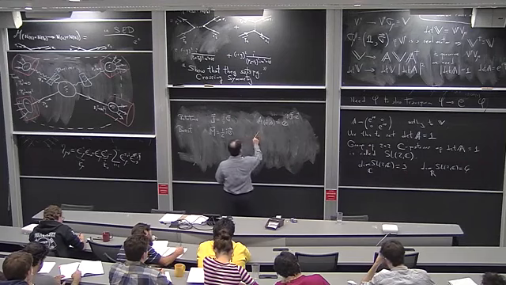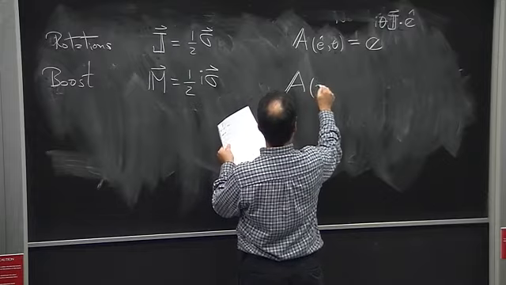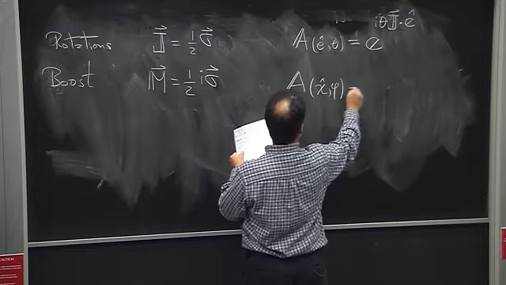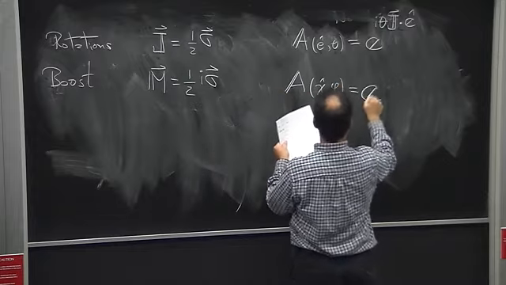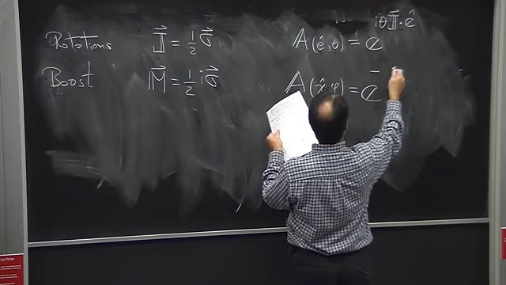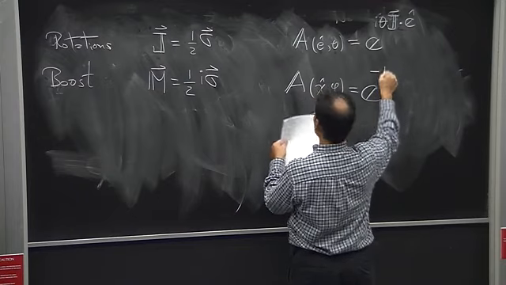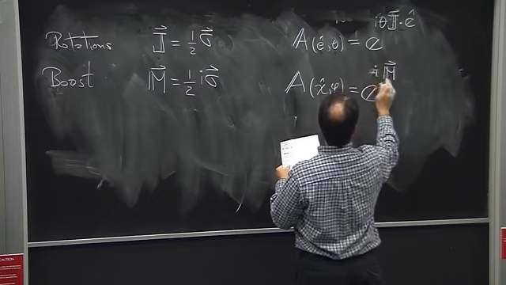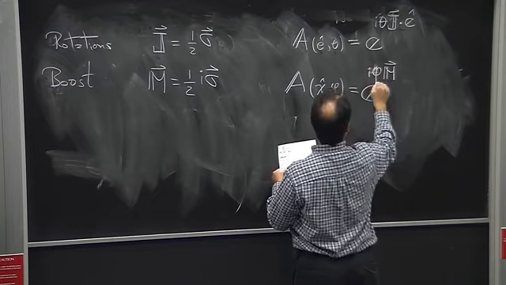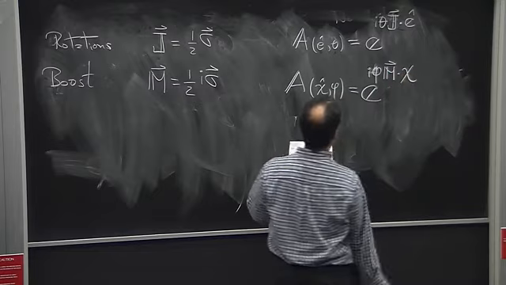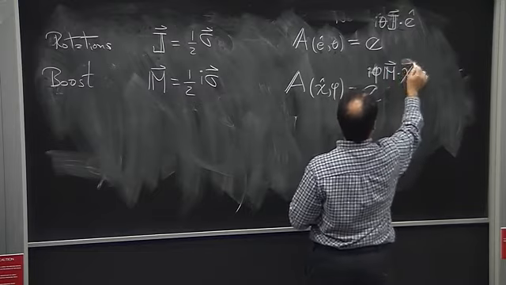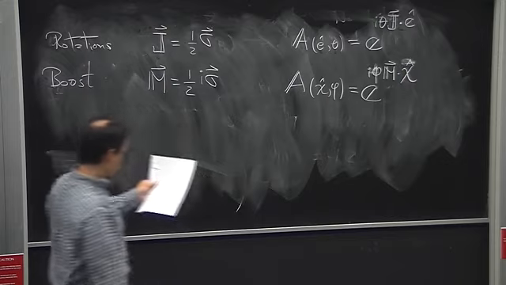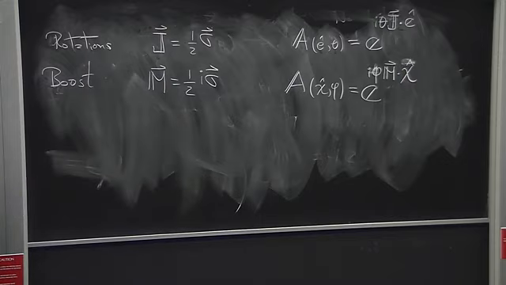Okay? And for a given boost, you have, now this is a notation I want to use. And here in this case, we have the same thing, phi dot chi. Very good.